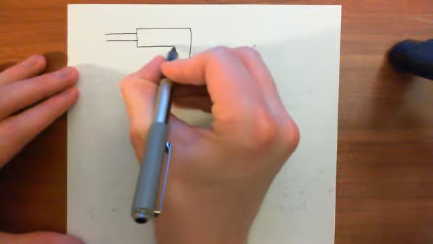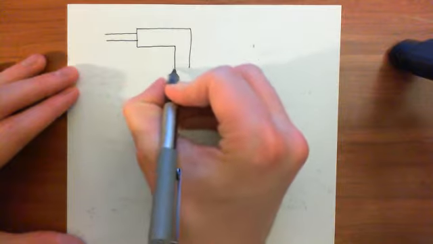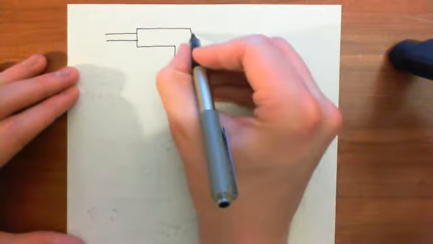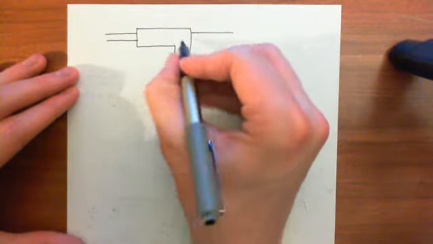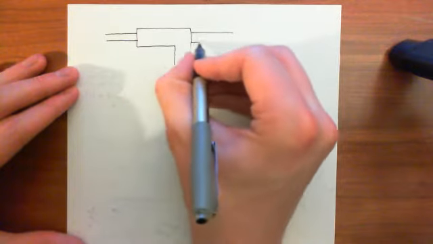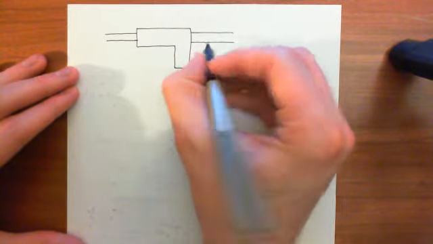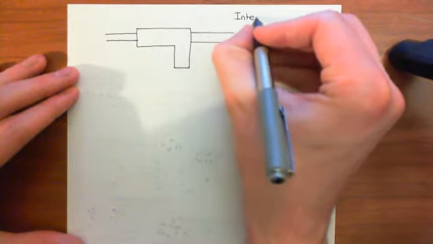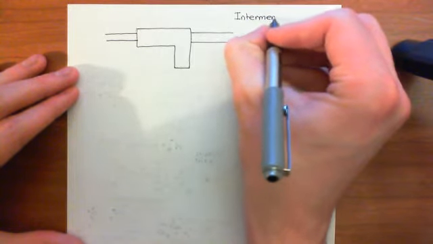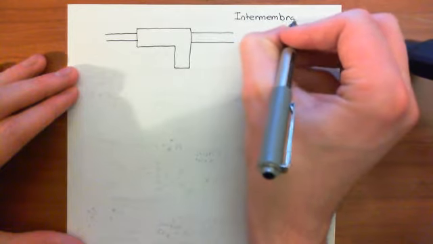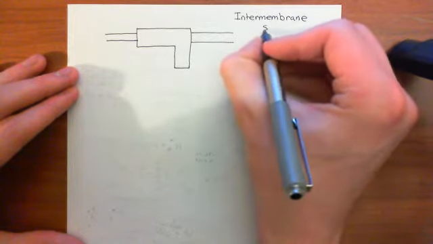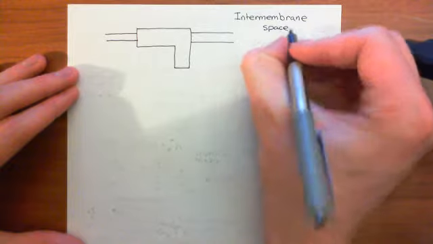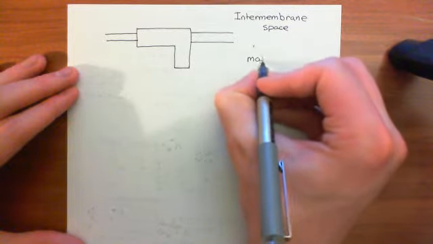Complex 1 is sort of L-shaped like so, and it has one arm coming into the matrix of the mitochondria. This side is the intermembrane space, the space that we are putting protons into, and this side is then the matrix of the mitochondria.